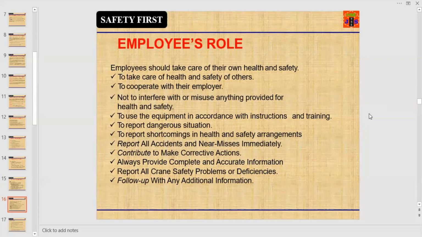Dear friends and fellows, employees are the backbone of the company. Let us discuss the role of employees.